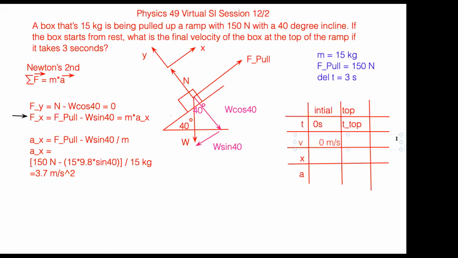And we'll say V top, and that's what we're trying to find, the velocity at the top of the ramp. X, we'll say 0 meters, and X underscore top because we don't know that.